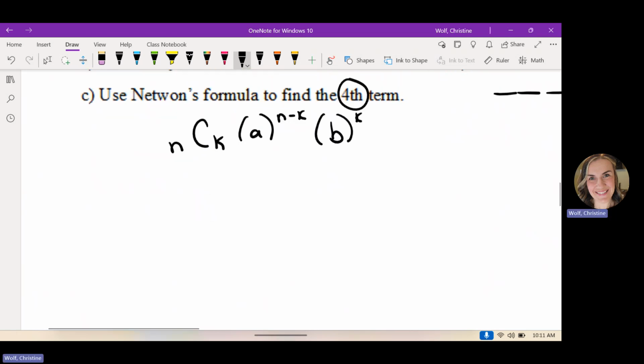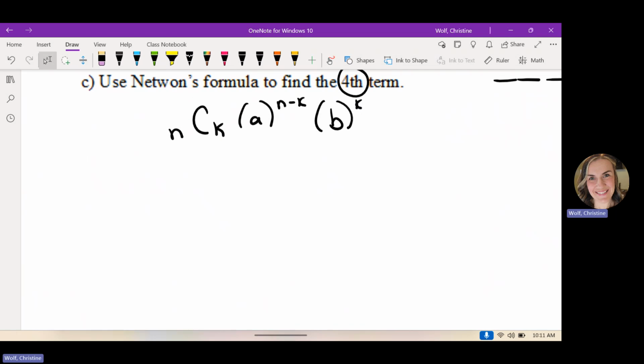I like, personally, to always write down what I know. This is how I do things. So N is the exponent, 6. K is 1 less than the term you're looking for.